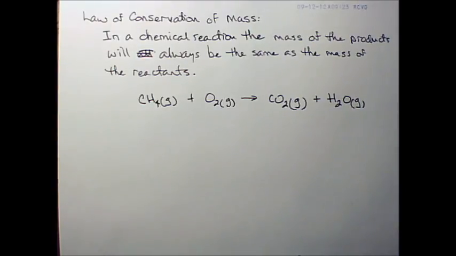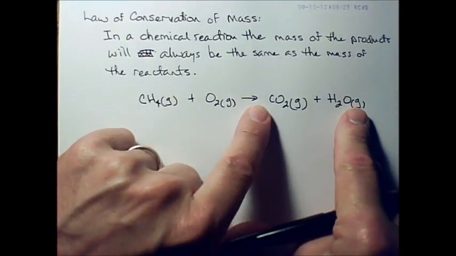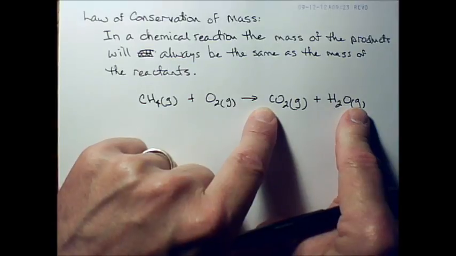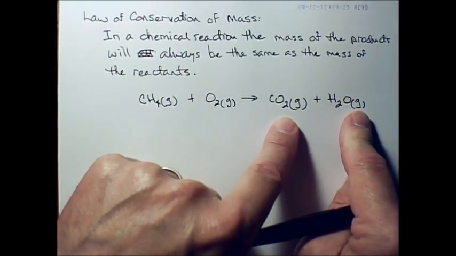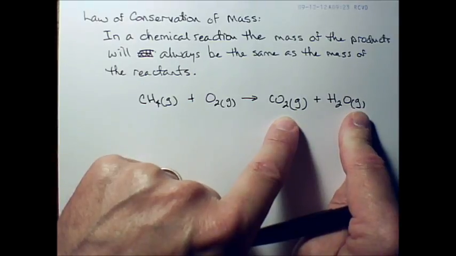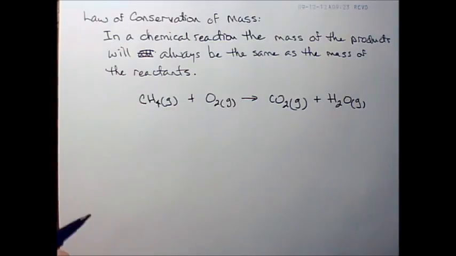In order for the mass of the reactants to equal the mass of the products, we have to have the same number of atoms on both sides. Do we have the same number of atoms on both sides? How do you get the atoms to be the same on both sides?